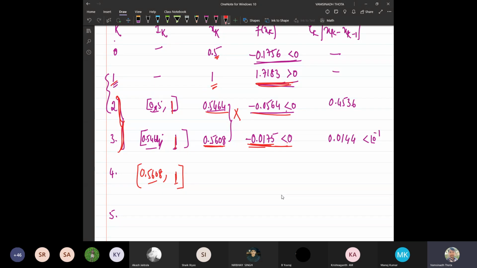Now give me what is x_{k+1}. Anyway, now continue for two more iterations, at least up to the fifth iteration, and give me the approximate solution in the next class.